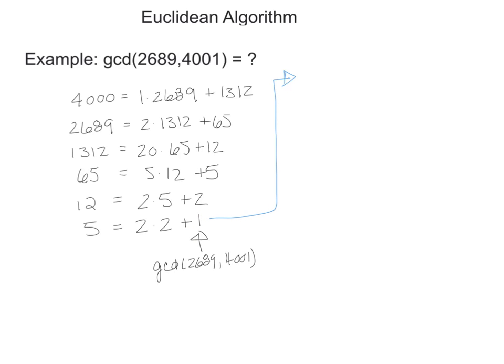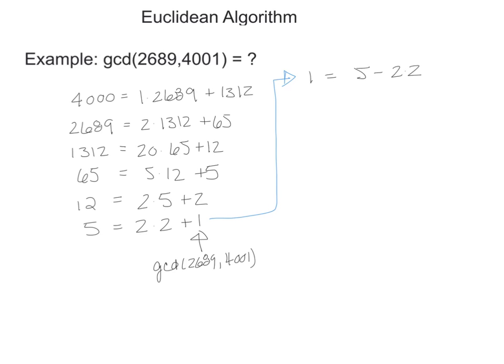But I'm going to rewrite this last equation here as 1 is equal to 5 minus 2 times 2. And you might guess that this 1 here is our greatest common divisor, and we're on our way to writing some sort of linear equation.